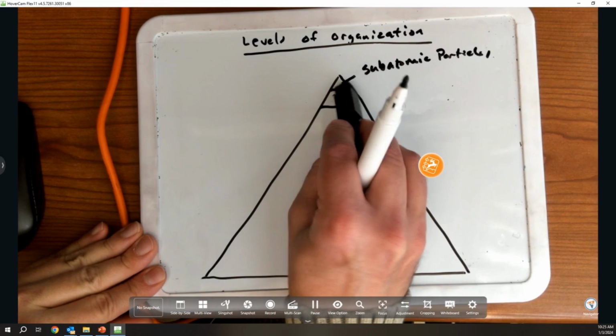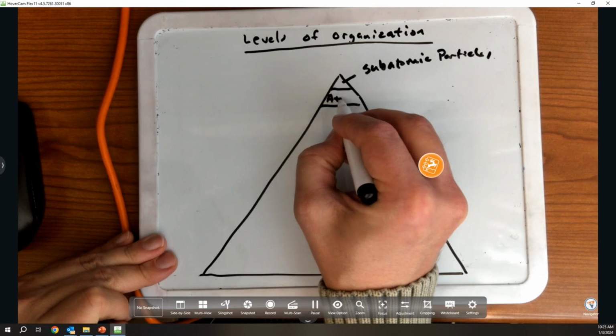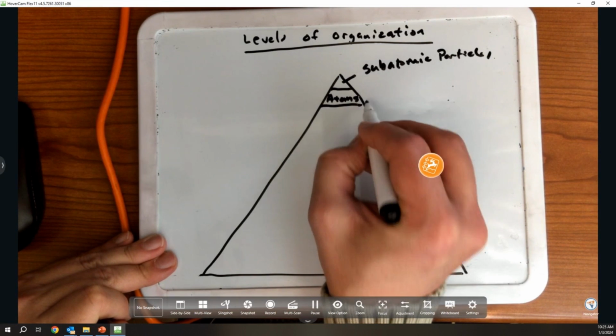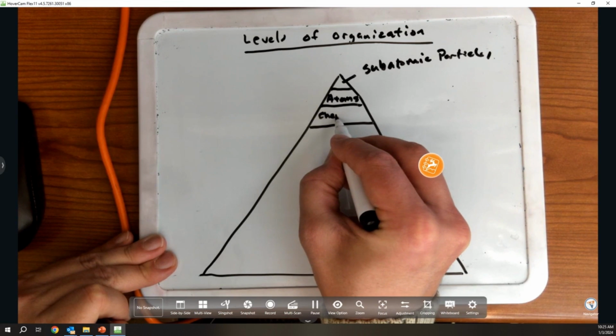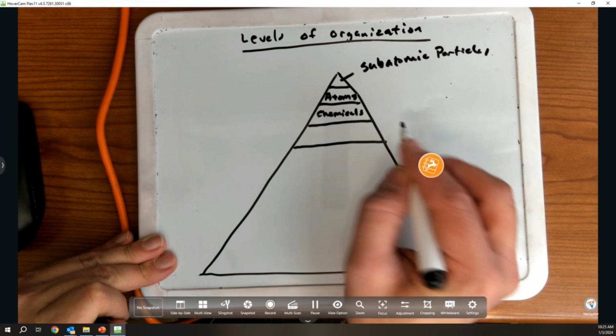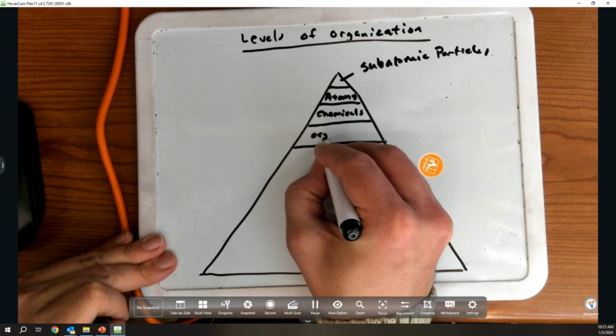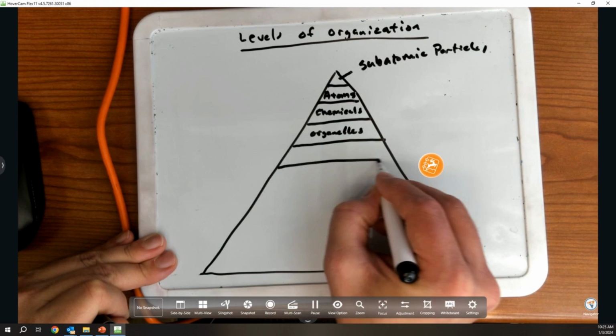Let me make a little bit more room there to write the word atoms. And then these atoms come together to make chemicals. And these chemicals come together to make organelles.